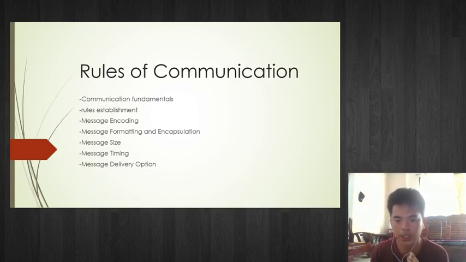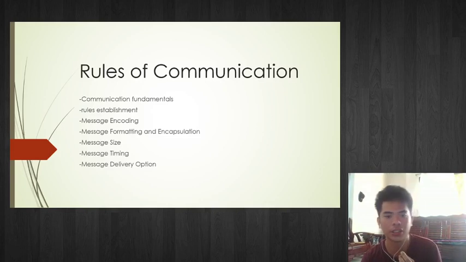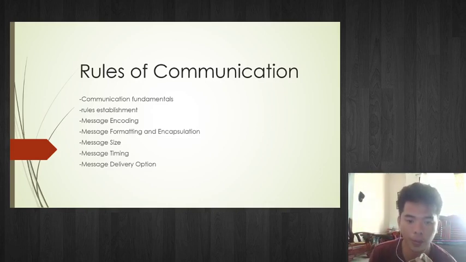So message timing. Why is message timing important? These are the rules of engagement for message timing. First is the access method, second is flow control, and third is response timeout. The access method determines when someone is able to send a message.